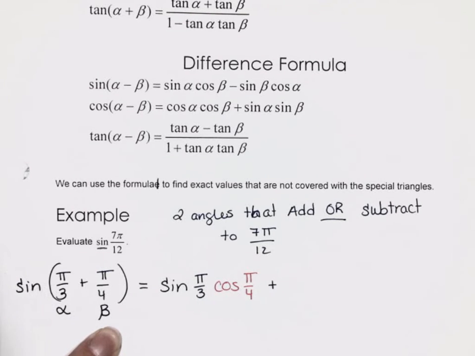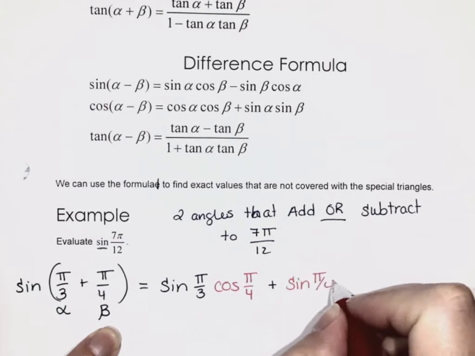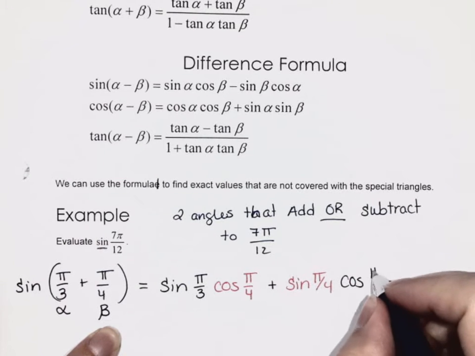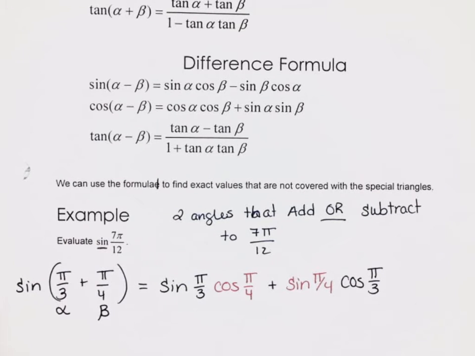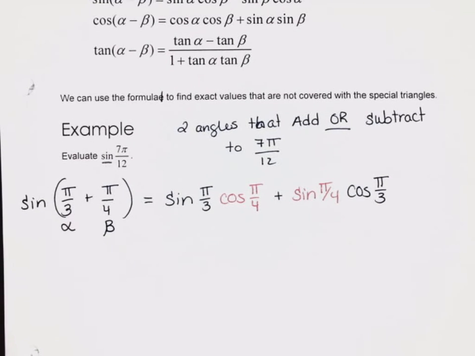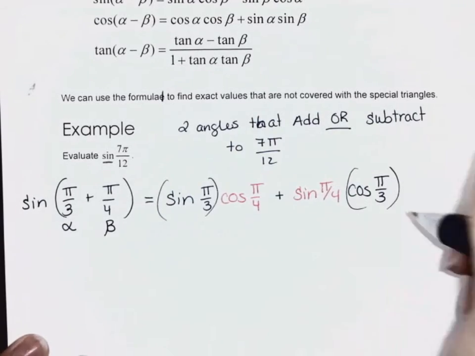Plus sine of pi over 4, and then cos of pi over 3. You don't have to graph anything in this unit. I guess you could throw in some brackets if you want to.